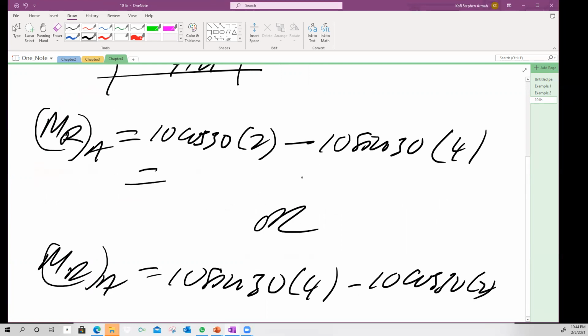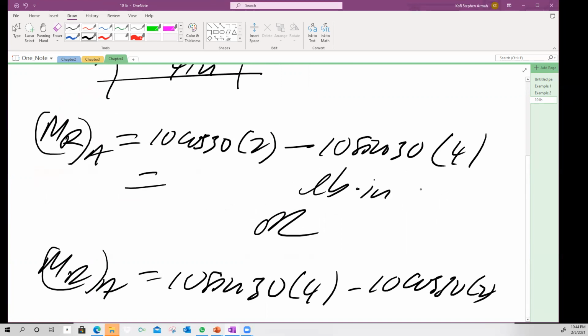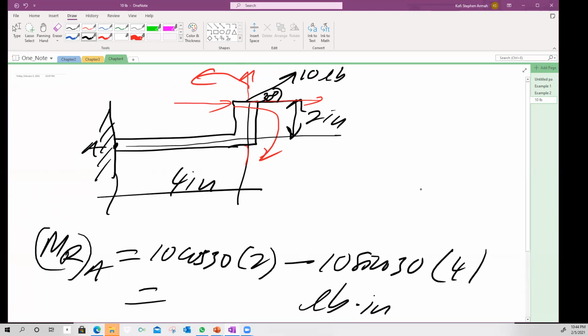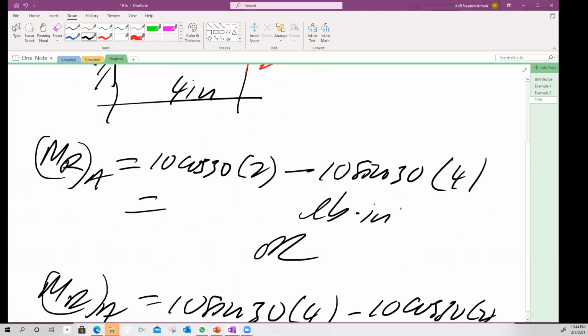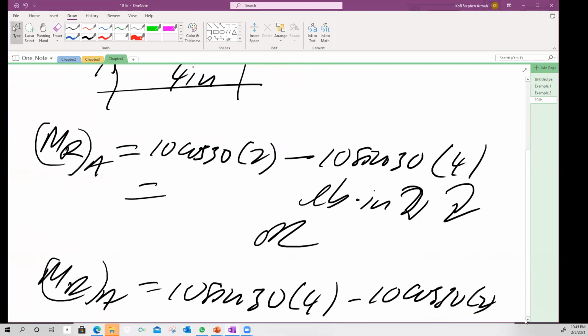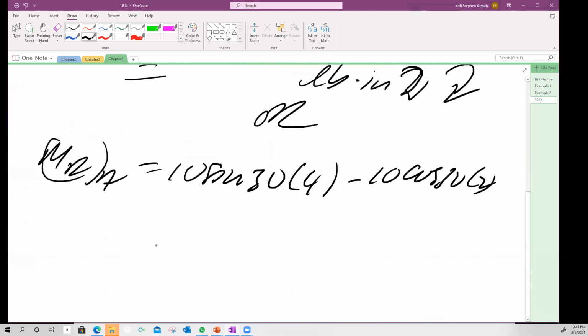This answer is going to be in pound inches, but we chose this to be positive. So this answer will be this way. Yeah, this way, sorry. And then the other answer will be that way. This answer will be in pound inches, but this answer is going to go the opposite. It's going to go like this.